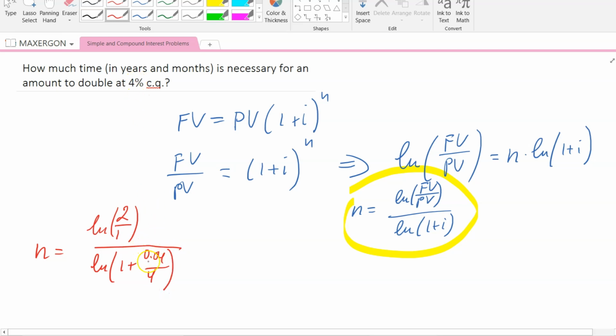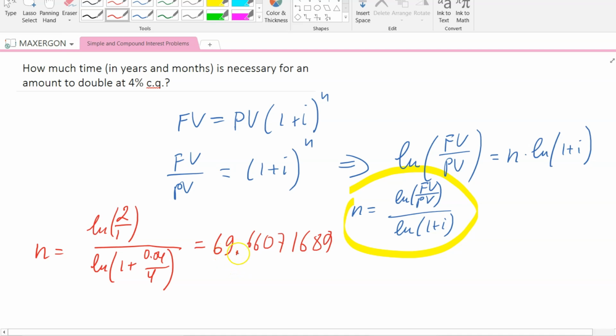Because we need to find the periodic rate, and there are 4 quarters in a year. Now let's compute that. 69.66071689. I'm being precise right now because I'm not done yet in this solution.